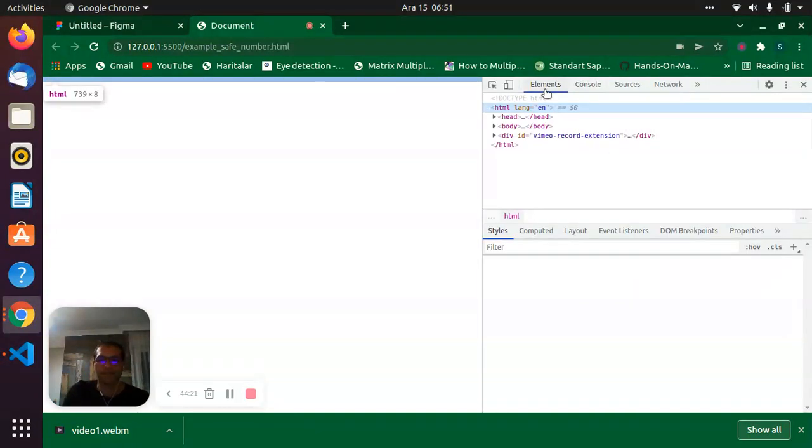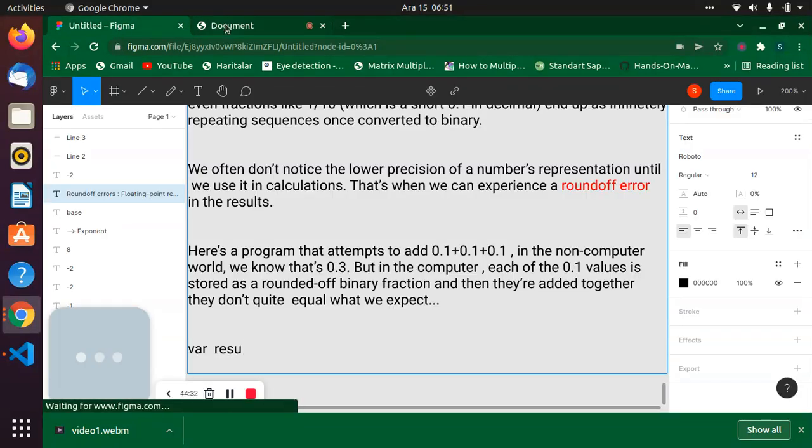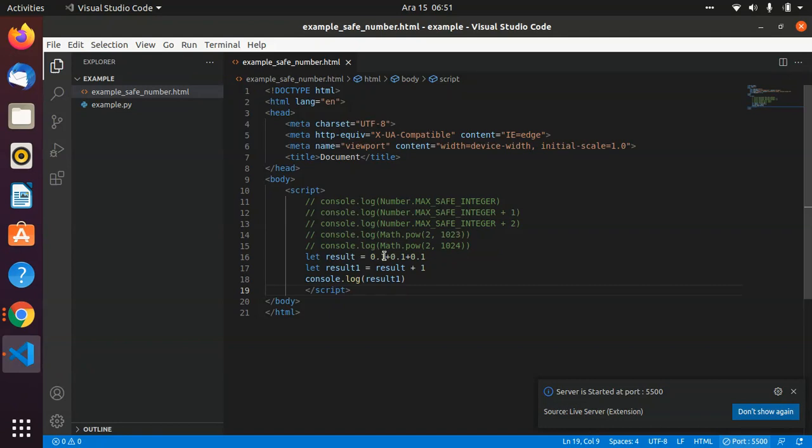Maybe the console. Yeah, 1.3. Have you seen? This is our information there. So I will export our variable into another variable. This is the variable exporting.